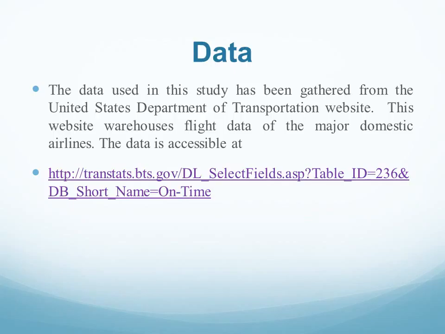As I said before, this data I took from the United States Department of Transportation website, and it was pretty clear what kind of data you want. If you want to do your analysis on your flights from different places, I have a link here for my reference, as well as if you want to do your research on that. It's pretty nice to have all the data in one place for the analysis.